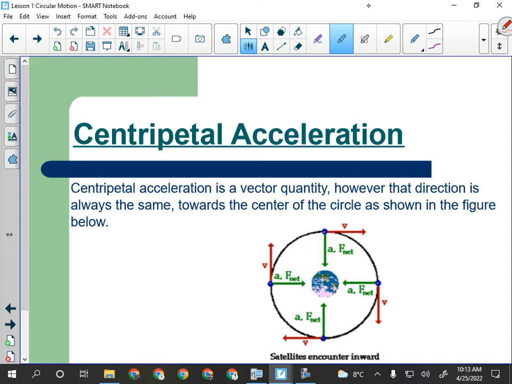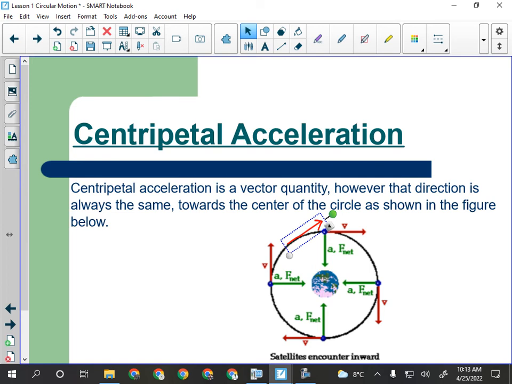That pulling force is constantly turning that object's vector. When it starts out, the vector is pointing that way, but as it goes around the circle, the vector has to change so that it's always tangent to the circle. So as it goes around and around, you can see all of these vectors are pointing different directions because there's a centripetal acceleration that's changing the direction in which the object is traveling.